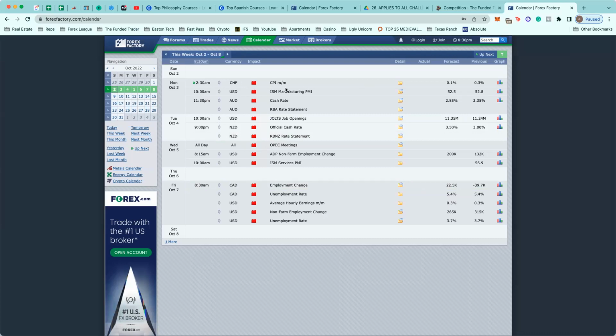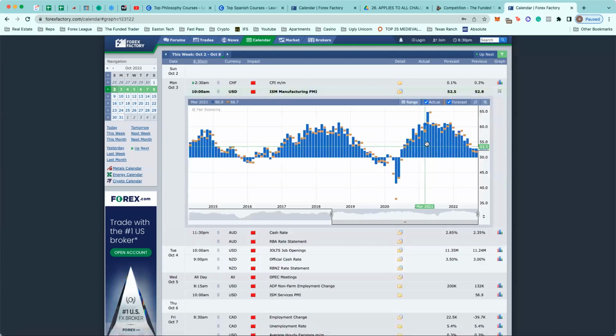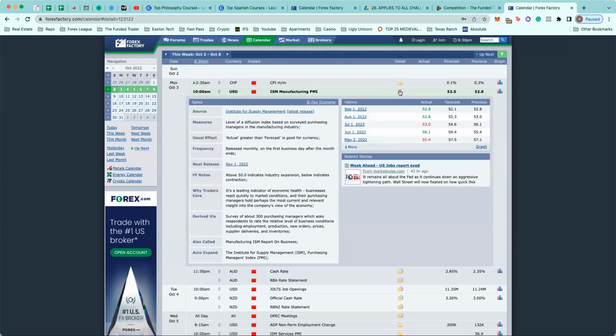So Monday, we've got this ISM manufacturing PMI. I personally am not too aware as to what this includes, but what I like to do is look at history. You can come in here and check a little more as to why we should potentially be looking at this event. I like to see how much they are surveying.